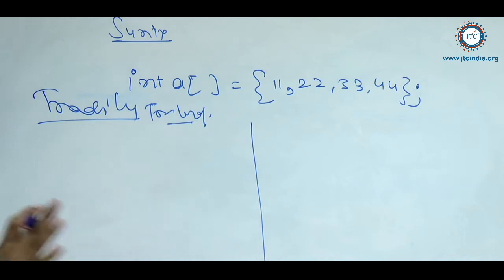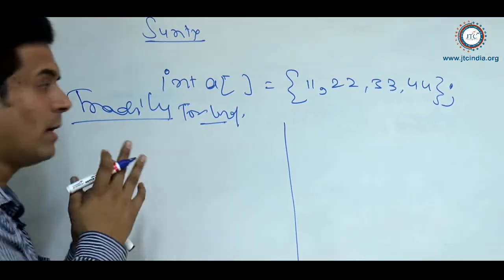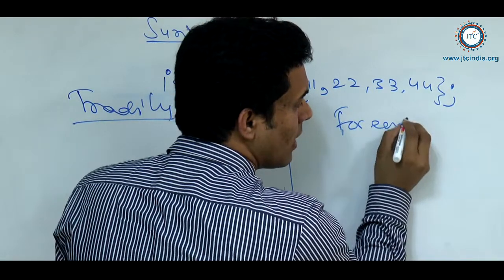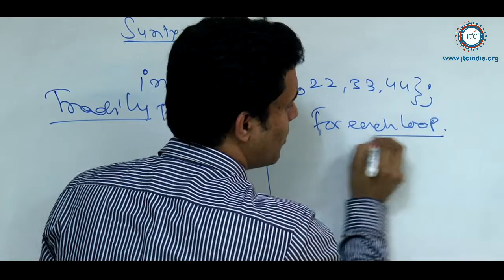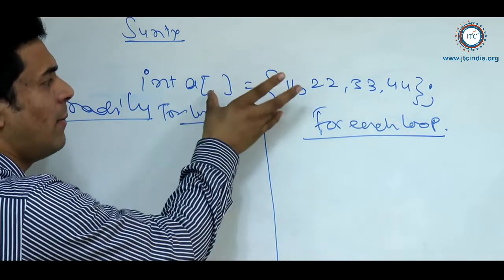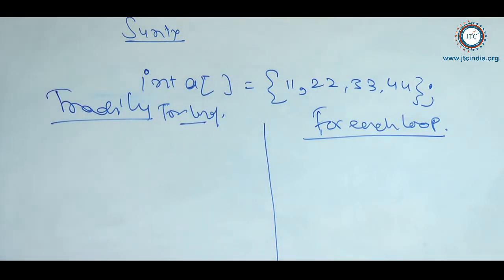My writing is not so good, so no issues on that. And number two is the for each loop. First, I am trying to access this array by using the simple for loop, in the form of the traditional for loop.